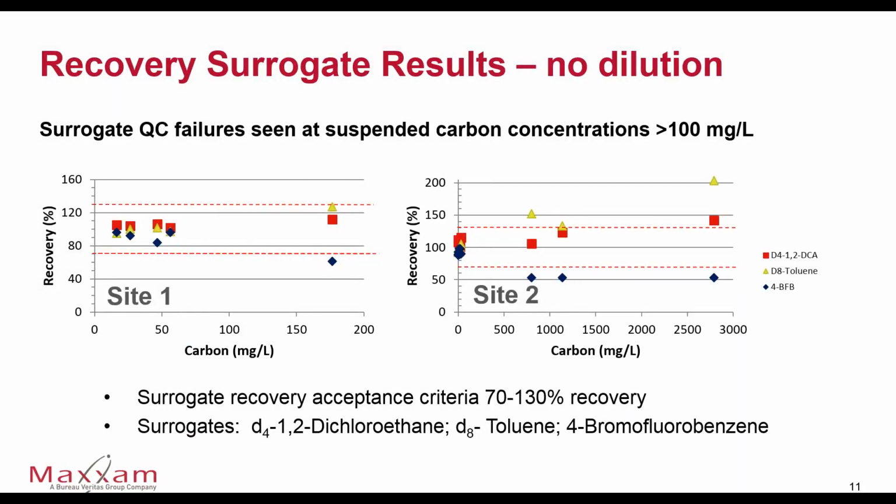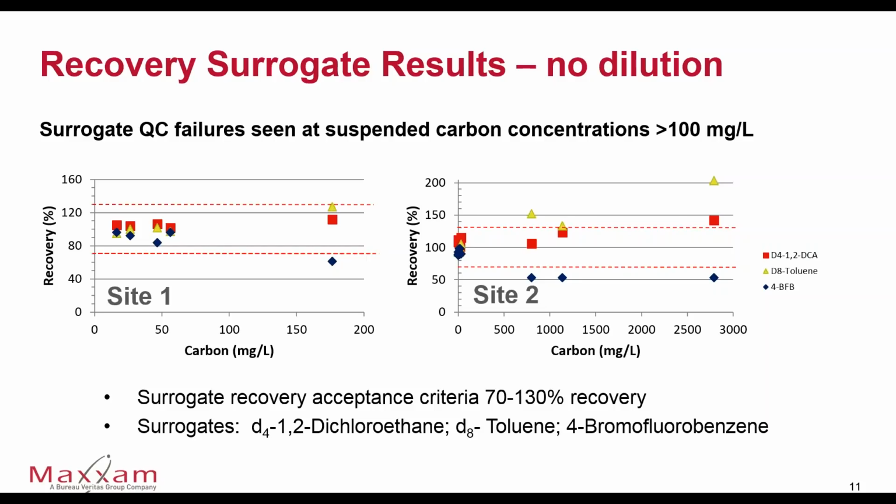So let's look at what happened for different concentrations of carbon with these surrogates and internal standards that caused us to have to fail the analysis and dilute the samples. On the left are results from site 1, the low concentration vinyl chloride site with a low amount of carbon loaded. On the right, we've got site 2 with the higher amount of carbon and the higher levels of vinyl chloride.